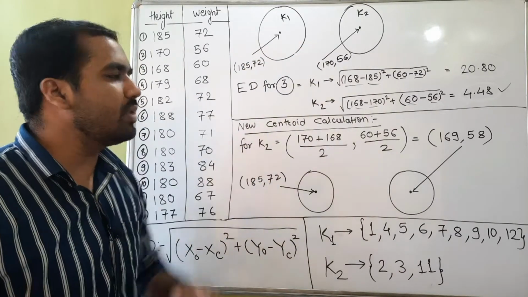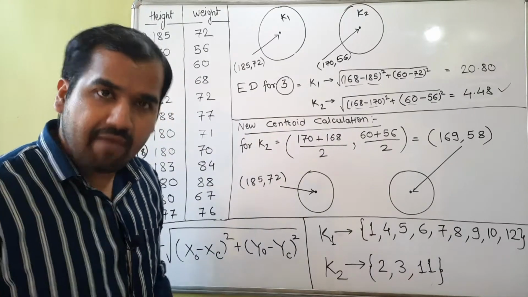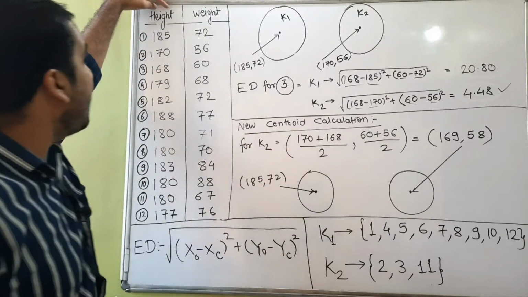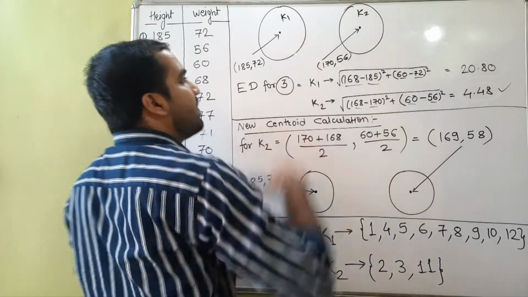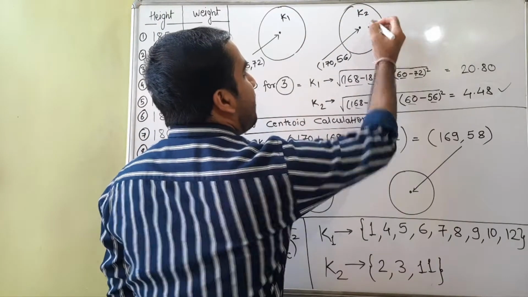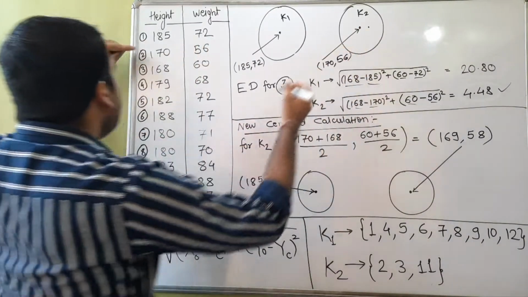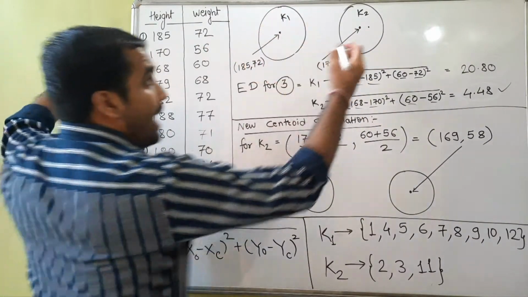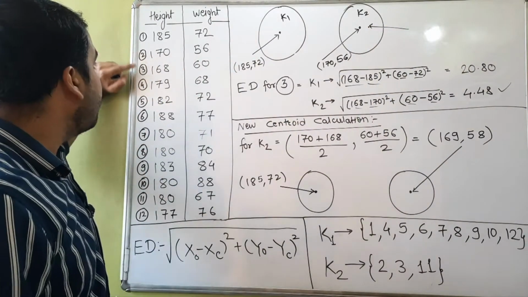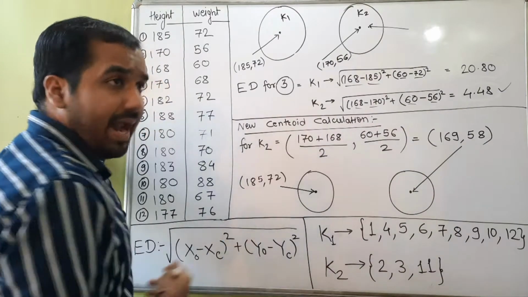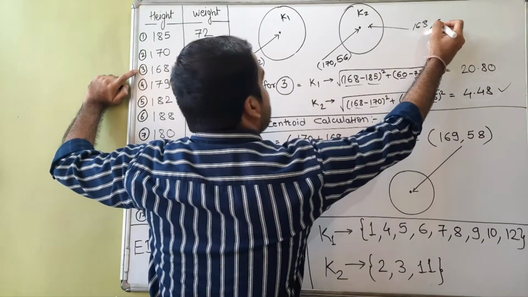So how to do that calculation? It is pretty easy. Just take an average, the average of the height values and the weight values. Now in this respective cluster we have two samples. This was the initial assigned centroid, that is the old centroid, and the third one that just got added to the cluster 2 is 168, 60.